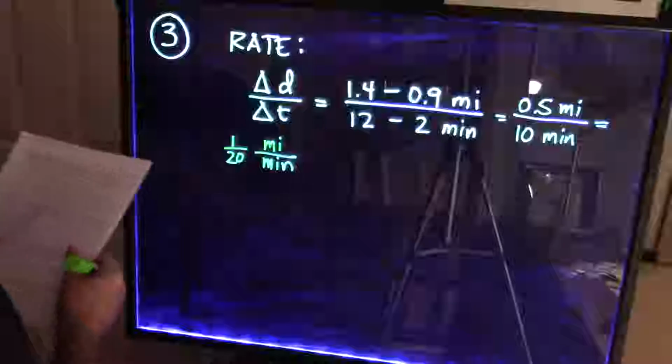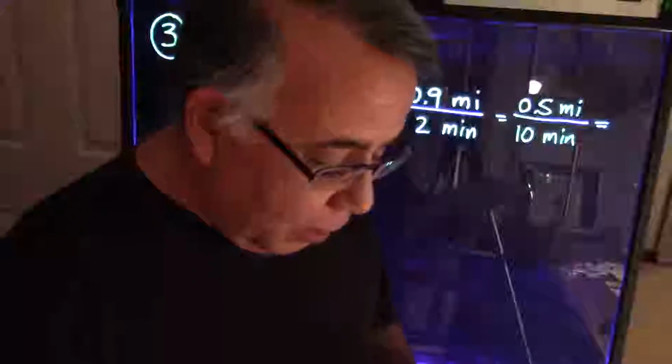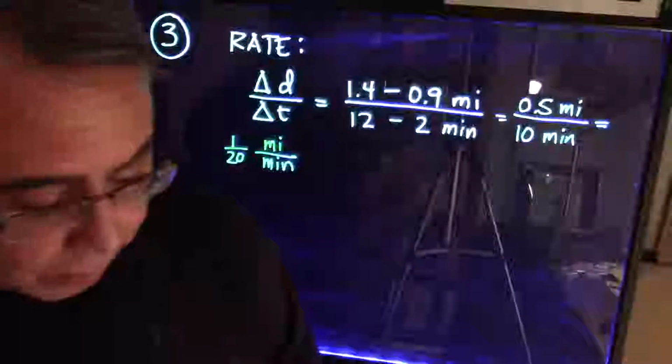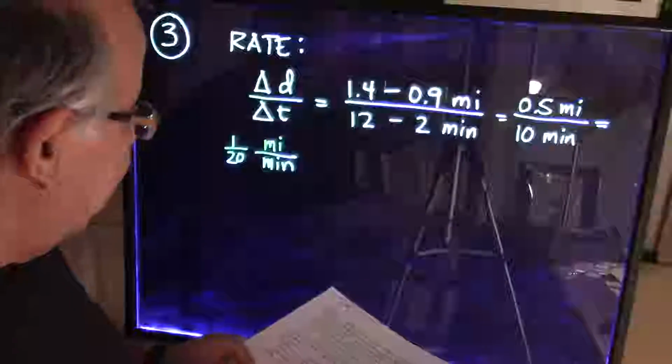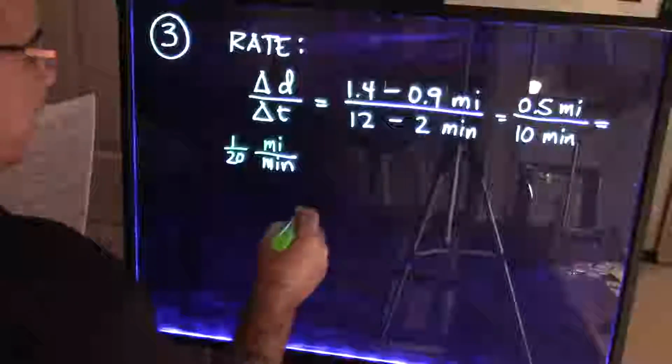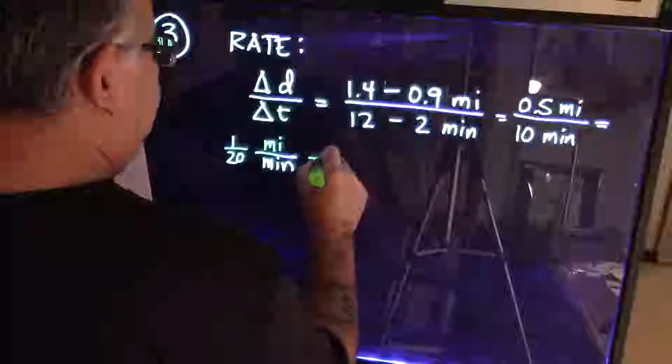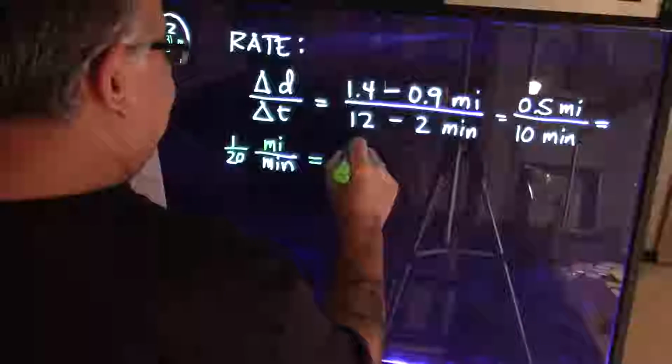Alright, because the units we're dealing with in the statement of the problem are in miles and in minutes. But miles per hour is what we want, though. So we're almost done. What we have to do is convert this to miles per hour. There's an easy way to do this, and I hope you've seen this before.